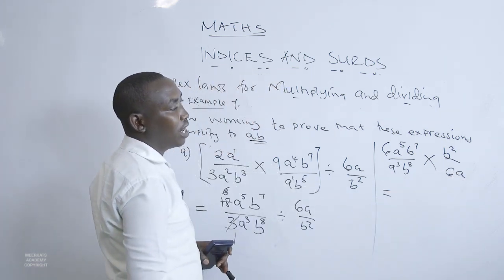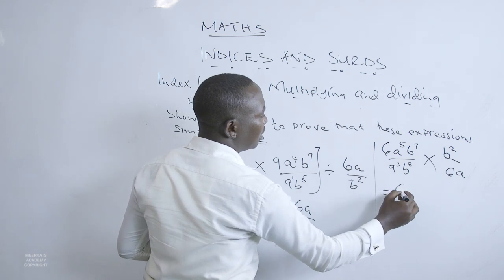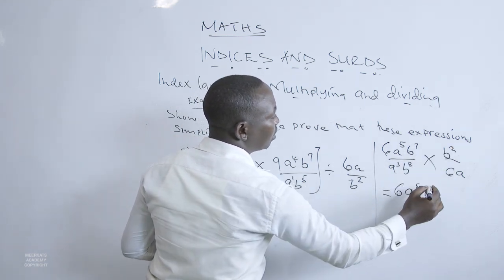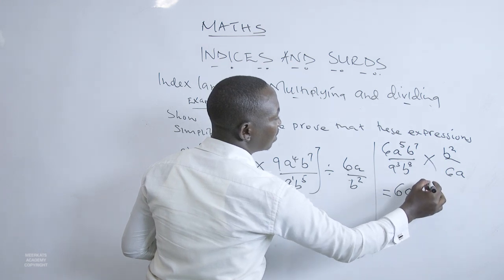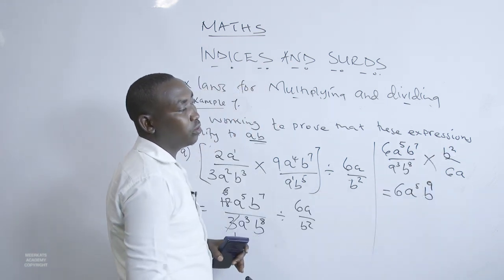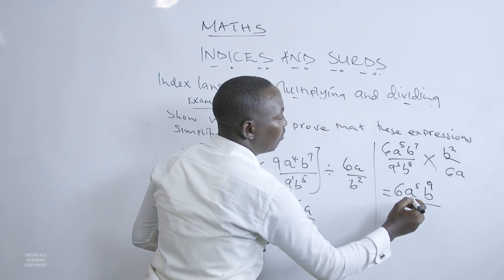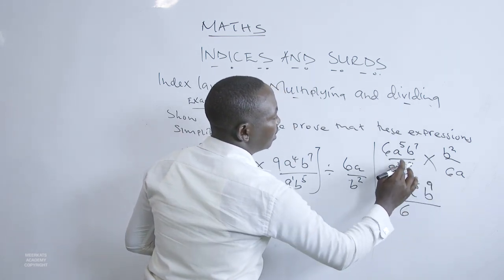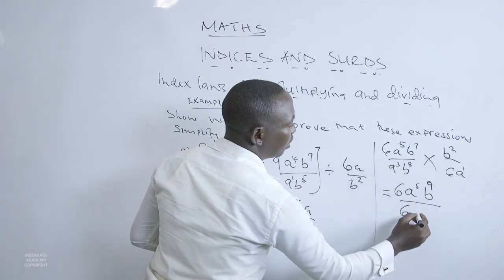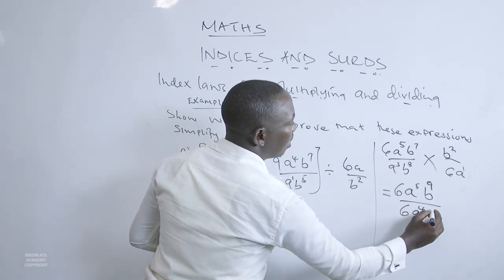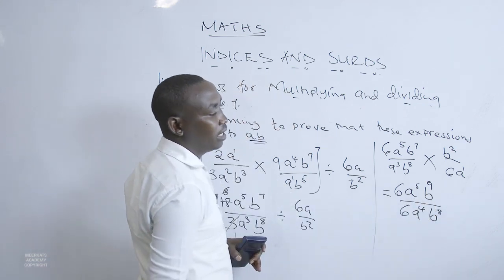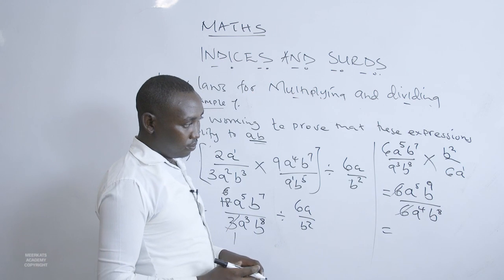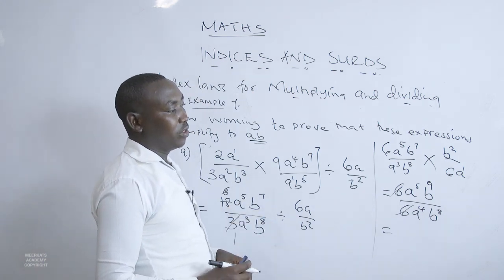So when we finally solve that, this shall be 6 a raised to 5, and for the powers we add 7 plus 2, which will give us 9, all over 6. A raised to 3, a raised to 1, so this shall be a raised to 4, b raised to 8.